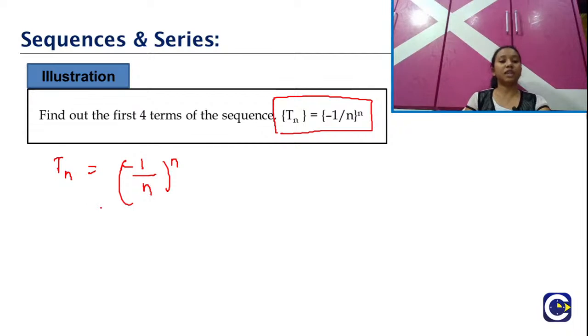So we have to take the n values. Here n values belong to natural numbers. We have already seen that n denotes the position of the term.